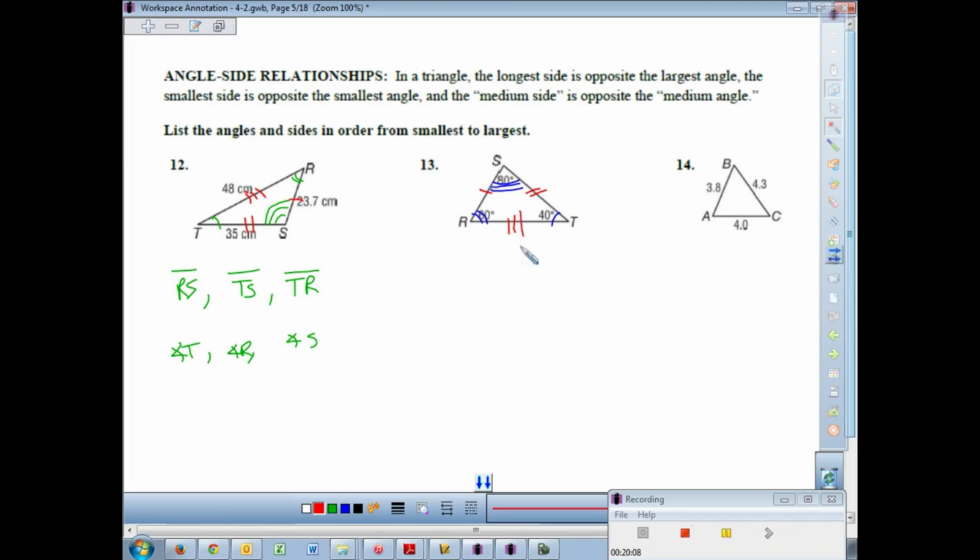Now, write them up. Sides first, angle second. Short to large. See how I did it on top of each other also.